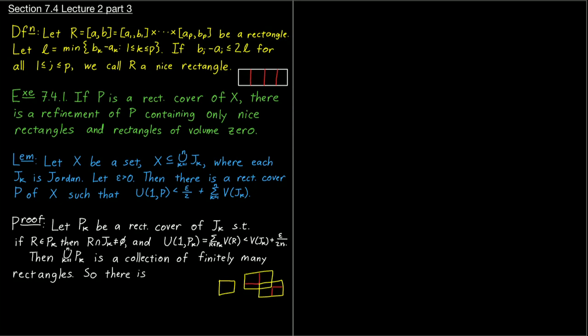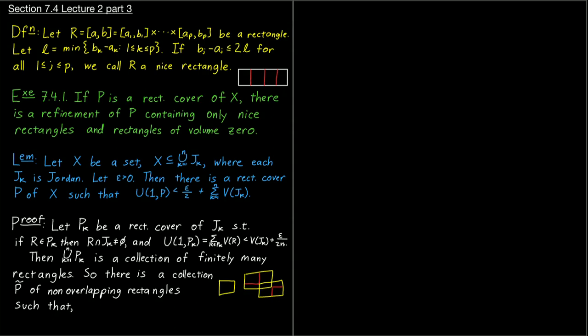So there is a collection, I'll call it P1 of non-overlapping rectangles, such that, no, I don't want to call it P1. I'm going to call it P-twiddle.